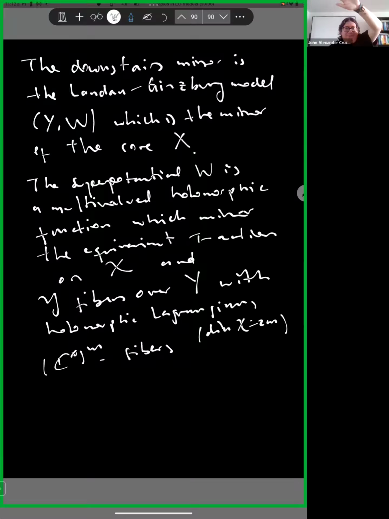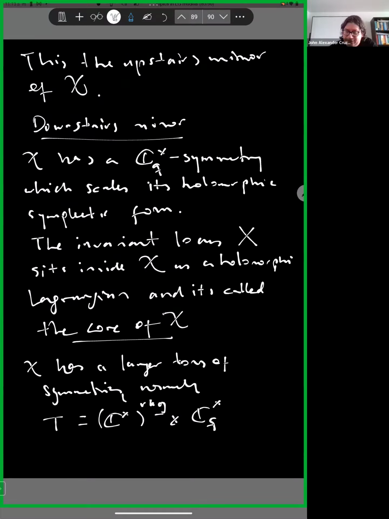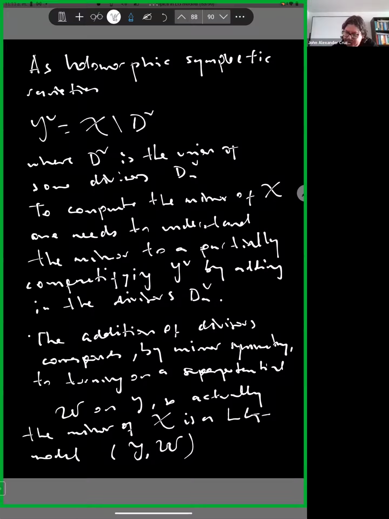So the previous curly W here, in the upstairs mirror, actually needs to consider also the equivariant parameters.